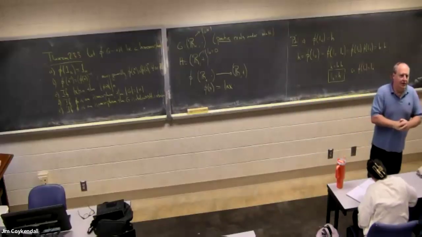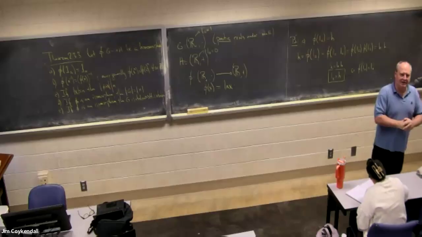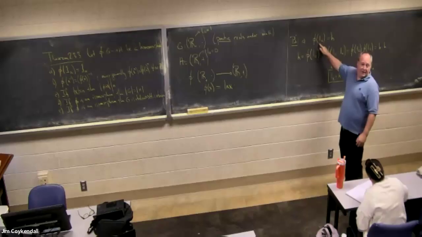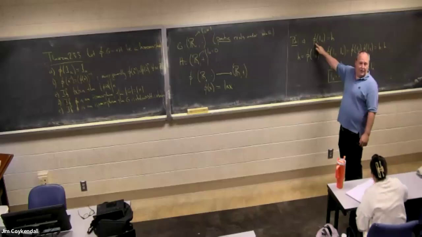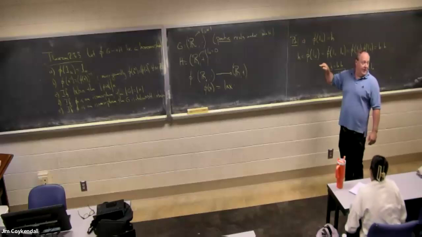So those of you that have had linear algebra, what happens when you take a linear transformation and put in the 0 vector? What does any linear transformation do to the 0 vector? It has to go to the 0 vector. That is this theorem here, right? Because if you look at what you need for a linear transformation, remember how T of V plus W is T of V plus T of W?